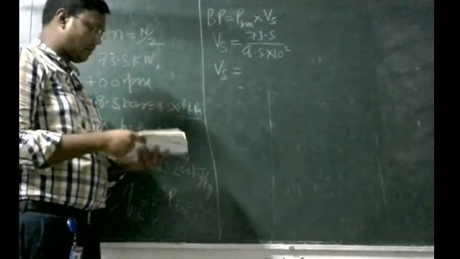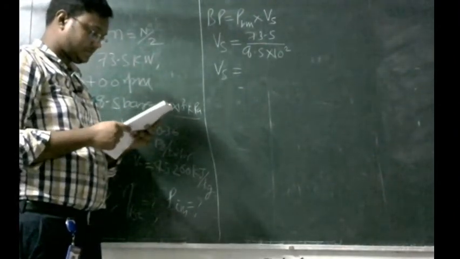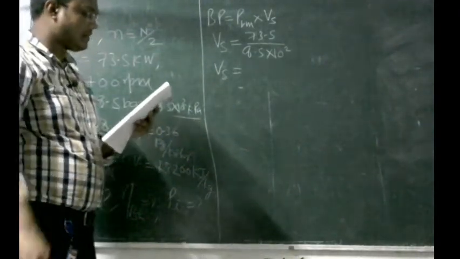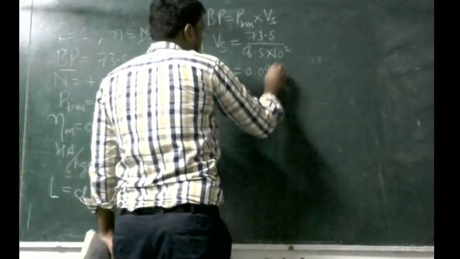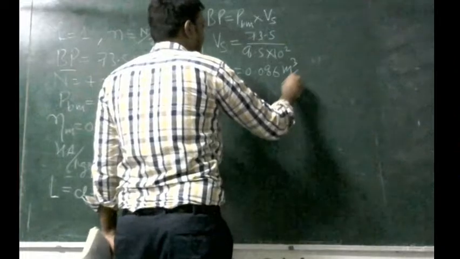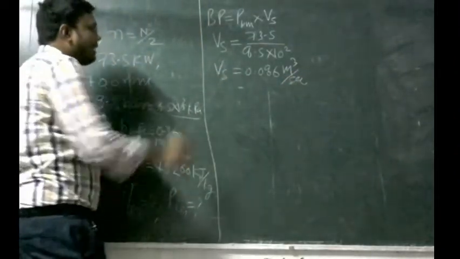When you calculate, you will get Vs equal to 0.086, but the unit should not be meter cube, but meter cube per second. Now we get the value of Vs.